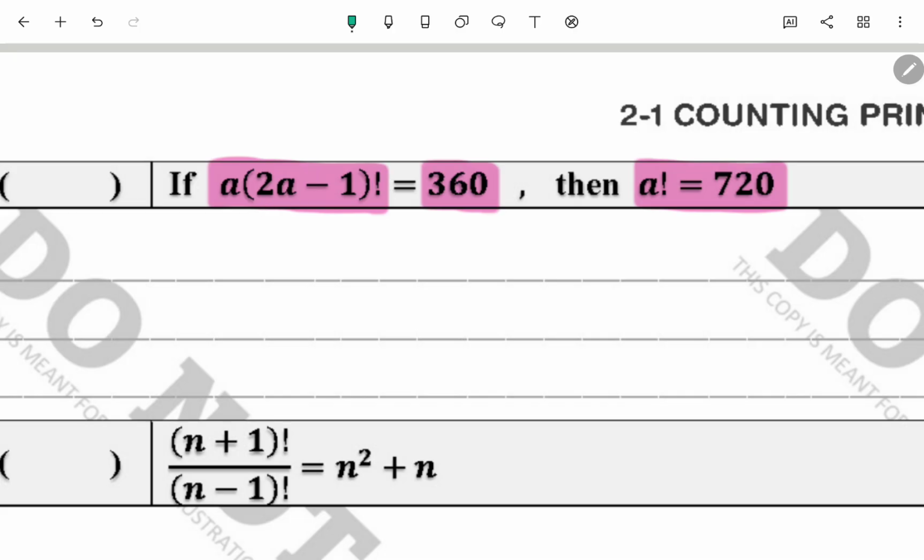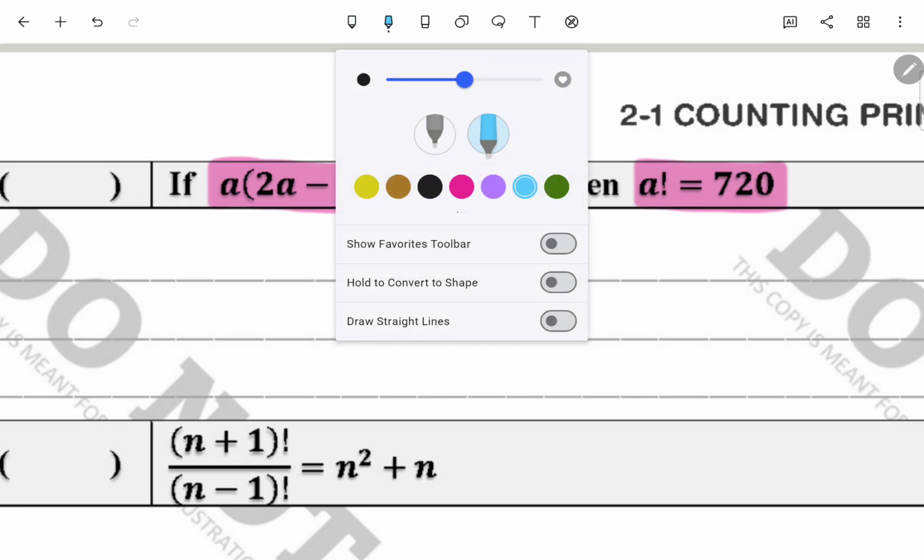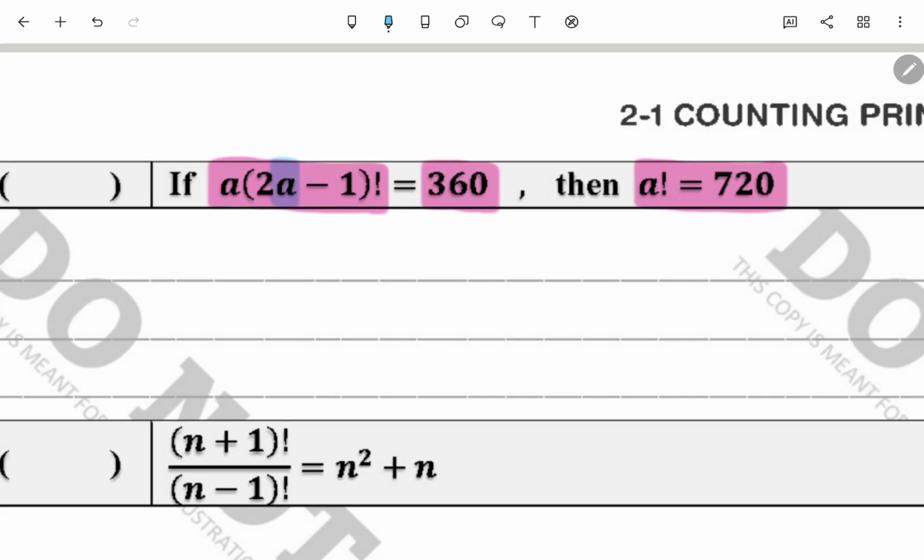You have 2a minus 1, and here you don't have a similar factor, as we said before. We said that to deal with a factorial and another factor beside it that is bigger than it, it should have a similar or the same factor. So here I don't have 2 with an a.